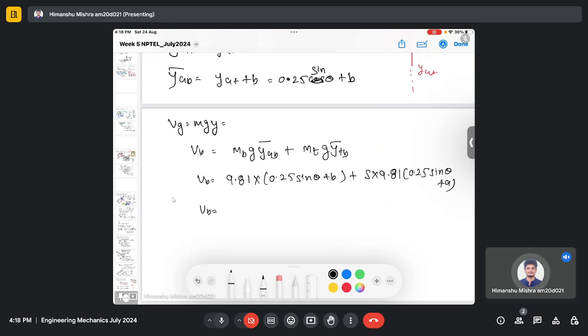So we will get 7.357 sin theta plus 24.52a plus 4.9b.